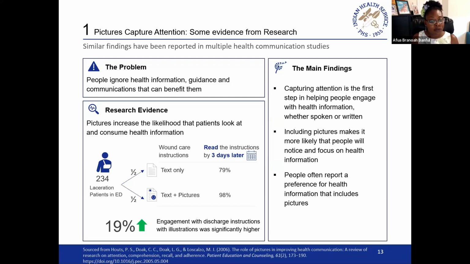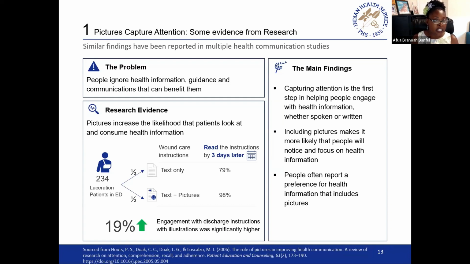Having pictures in whatever you are sharing, verbally or through text, increases the likelihood that the patients, the family, the community members will look at and consume the information. So this little pictograph diagram I'm making here is a summary of one of the research findings from the paper down here. And here's the story.